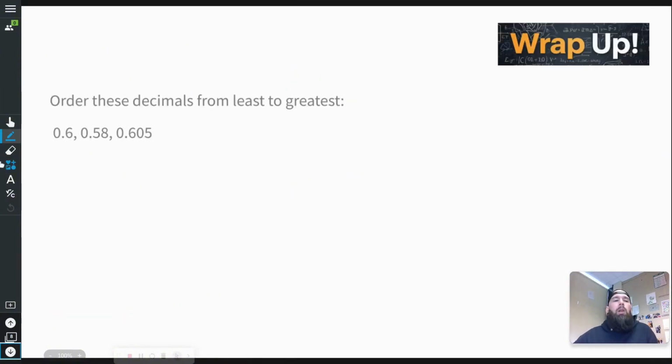Word problem. Order these decimals from least to greatest. All right, so let's line all of them up. We've got 0.6 versus 0.58 and then 0.605.